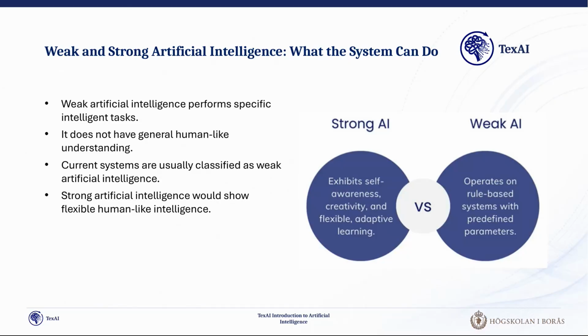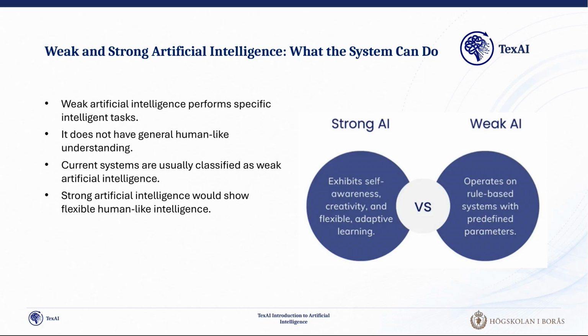Another common distinction is between weak and strong artificial intelligence. Weak artificial intelligence refers to systems that can perform tasks that appear intelligent, but without general human-like understanding. Most artificial intelligence systems today fall into this category. They may be powerful and useful, but they are still limited to specific tasks and contexts.